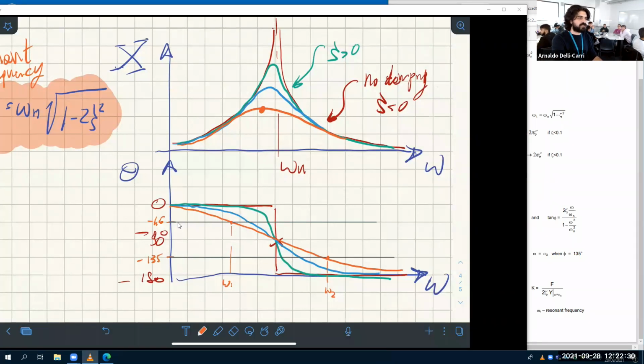Omega 1 is where this curve intercepts 45 degrees, and omega n is always omega n. So as you can see, for these ones, you have a different omega 1 and a different omega 2 because you have a different damping ratio. If you change damping, you change where these curves intercept 45 and 135.